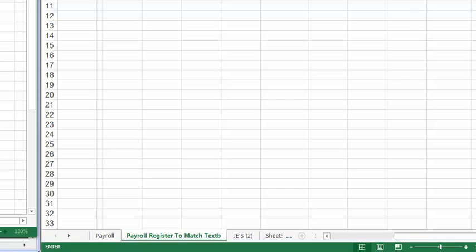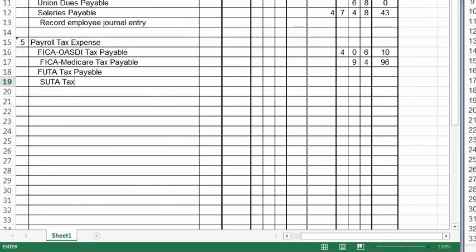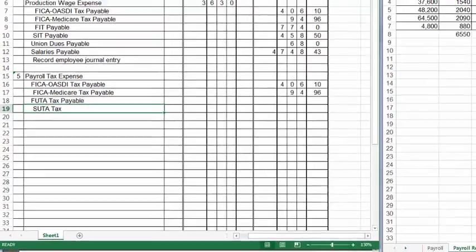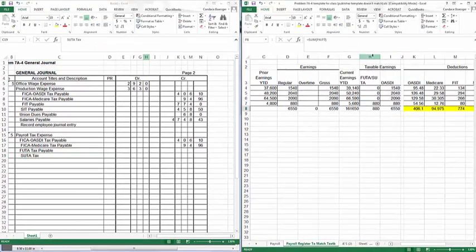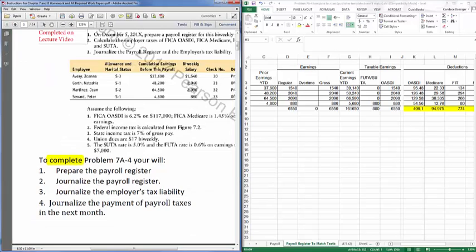So what we do is we find the column on our payroll register worksheet that says how much of our total gross wages was taxable for FUTA and SUTA purposes. Right here, $880 is taxable for FUTA and SUTA purposes. I then find my FUTA and SUTA rates.